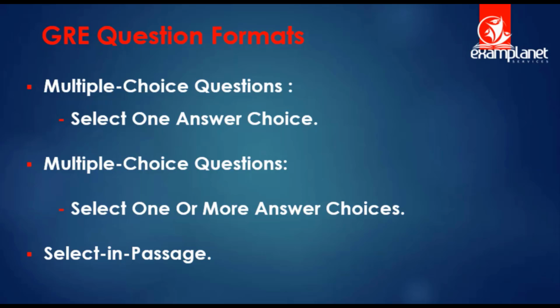So in this case, you have to analyze each of the sentences separately. We also have select in passage. This question requires you to click on the sentence in the passage that meets a particular description. An example of each of the question formats above will be presented in the following slides.